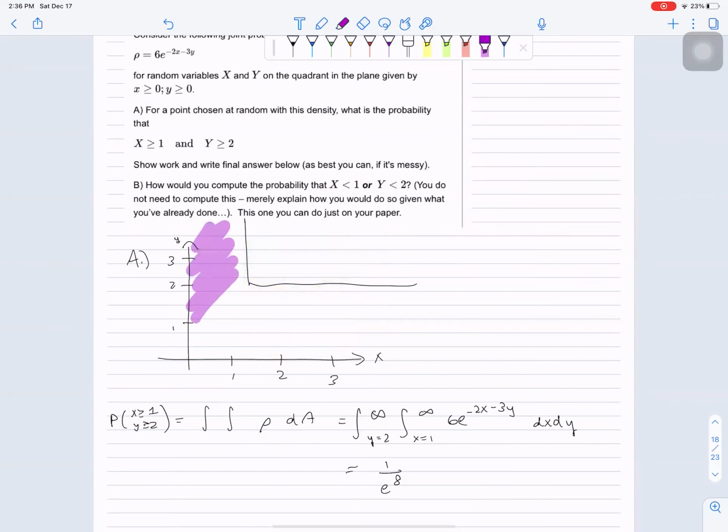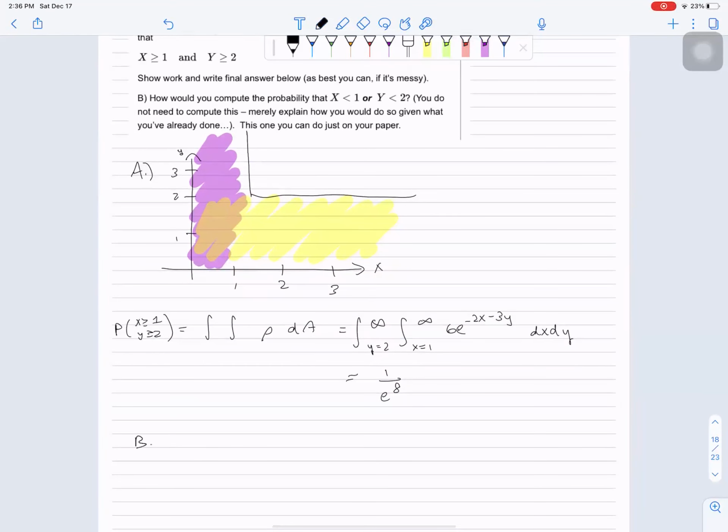X less than 1 is all of this part. Y less than 2 is this part. But it could also be both. Or means you could have this or both of them. So we still want to count this part as well.